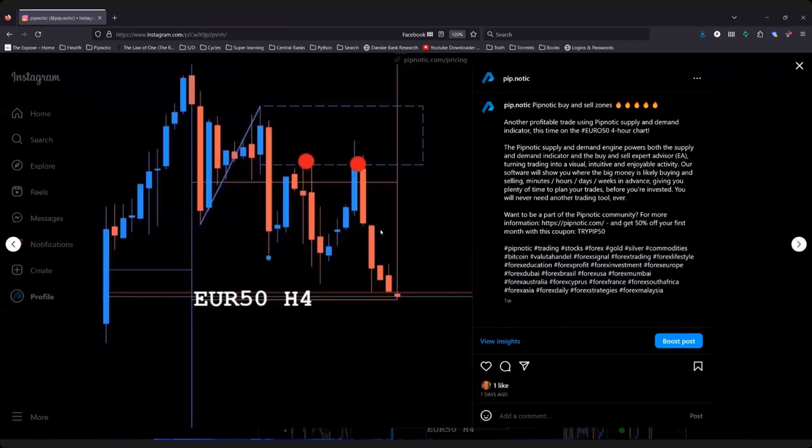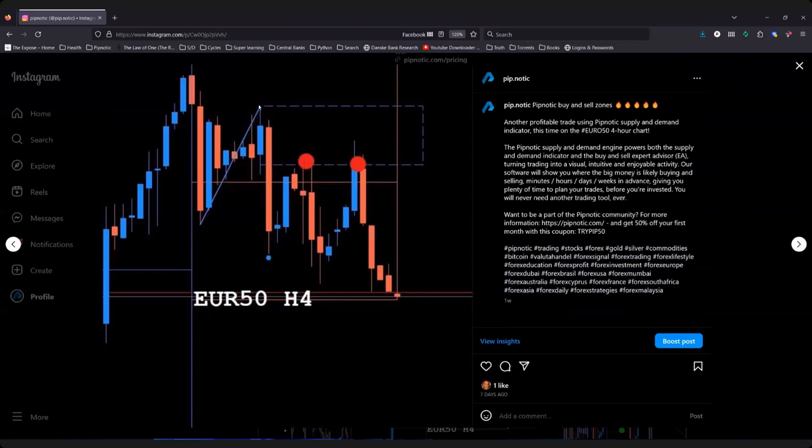We have another one here on the Euro 50, the European equities index. This is a 4-hour trade. This area of supply was formed when this red candle closed. The dot is drawn, the box is put onto the screen, and then price comes up, and this is where we take the trade.